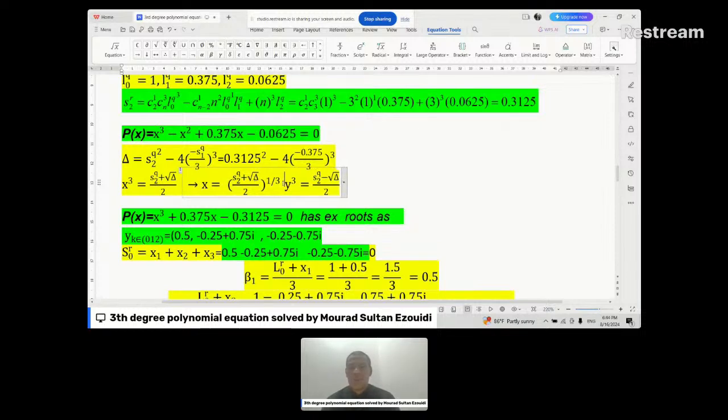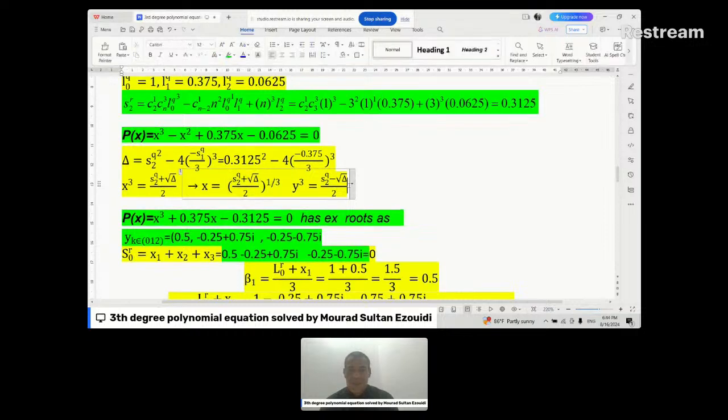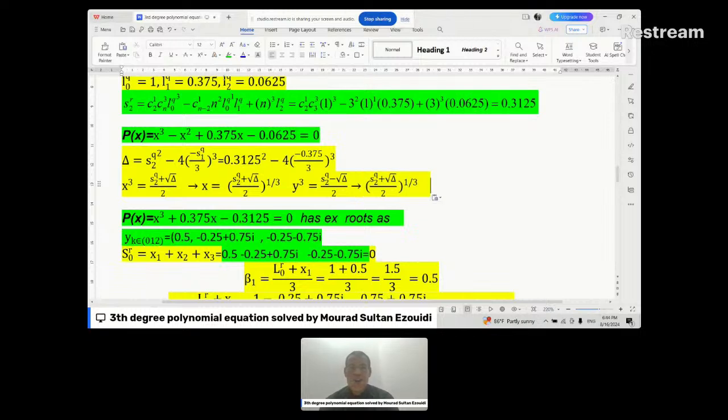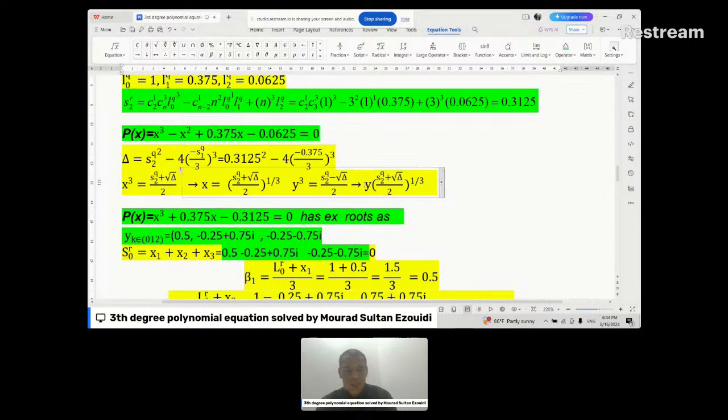And y, learners, is that. I'll just make minus. Therefore, this implies that y equal, minus. So this is the method of Cardano, he used this method.